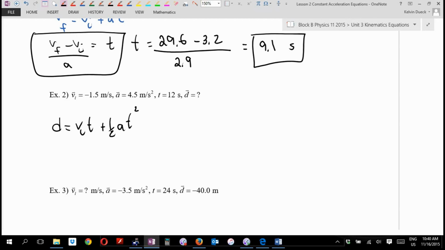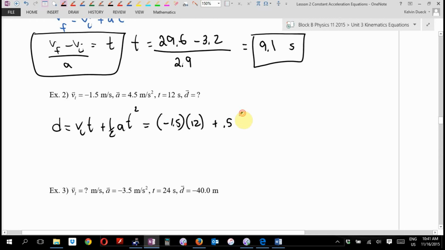What are we trying to find, Cam? We would want to get the D by itself. Oh! Hey, it already is. Plug and chug. Cam, what's VI? I guess we started out going backwards. Okay. What's time? 12 seconds plus, and I'll type 0.5 because that's what I'm going to write on my calculator.